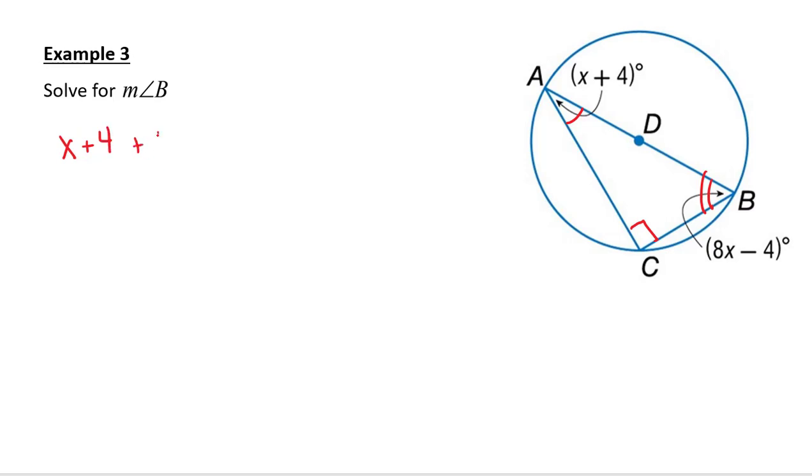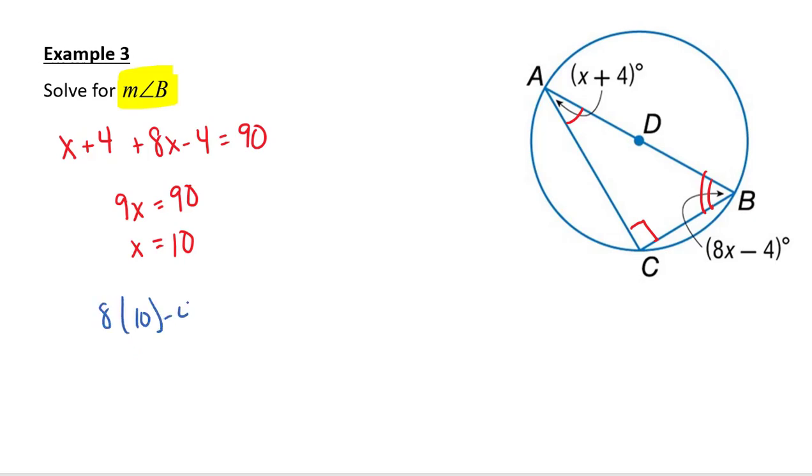So x plus 4 plus 8x minus 4 is equal to 90. So I have 9x equals 90. X equals 10. I have to solve for angle B. So I plug in 8 times 10 minus 4, and I get 76 for angle B.